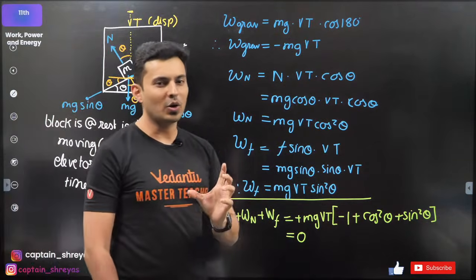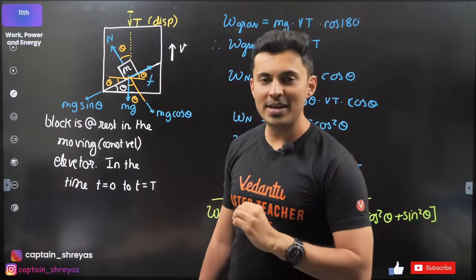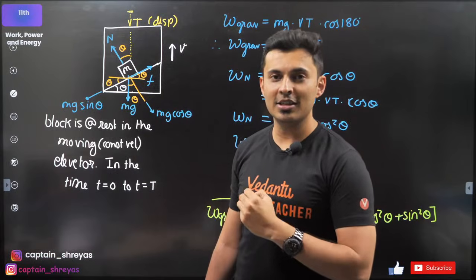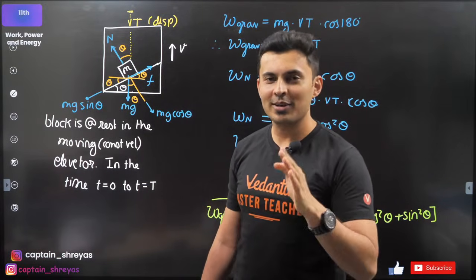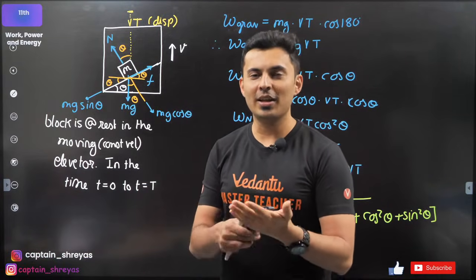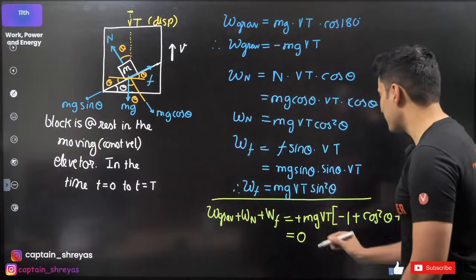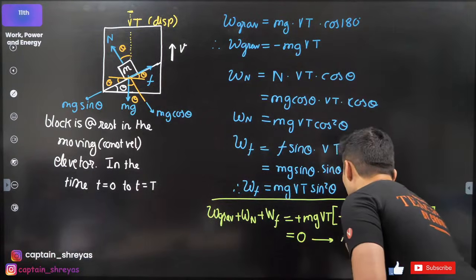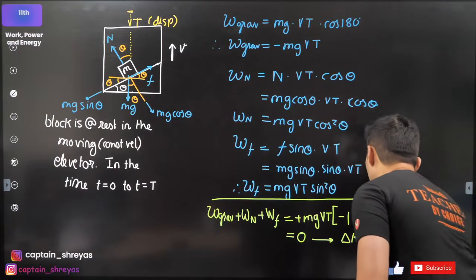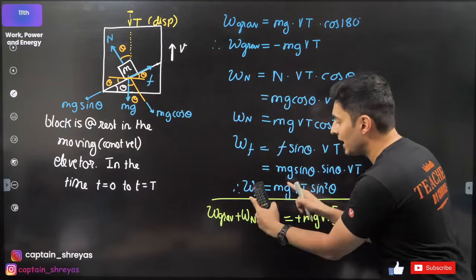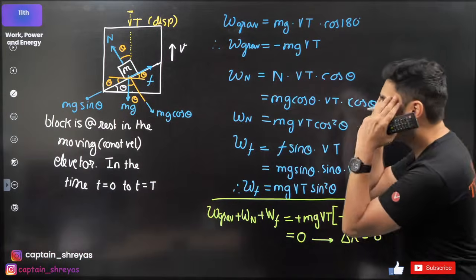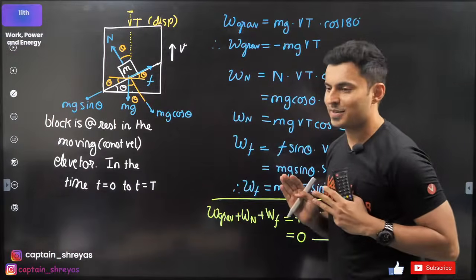If it is moving with constant velocity, is the speed changing? Is the kinetic energy changing? Obviously not. If kinetic energy doesn't change, how can the total work done be anything else? It has to be 0. So this is 0 only because the change in the kinetic energy is 0. Either way, whether you go this way or look at it logically, the answer is 0.